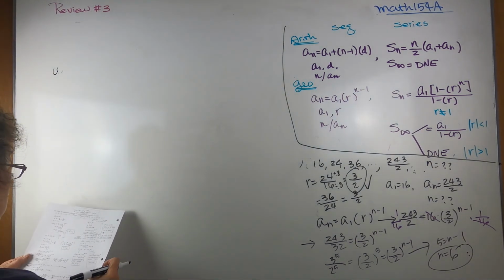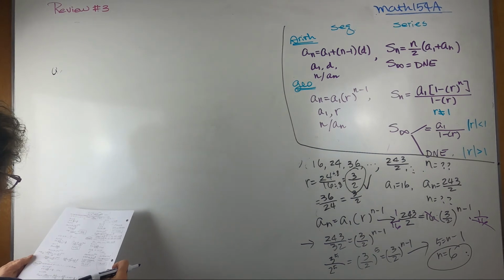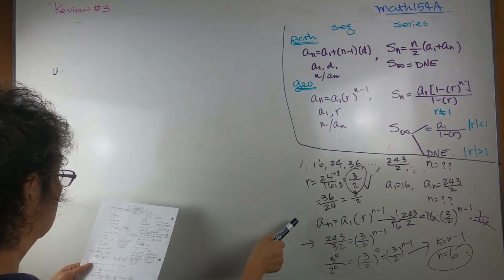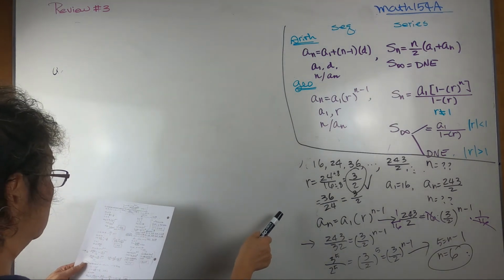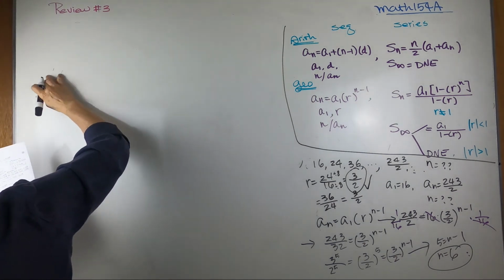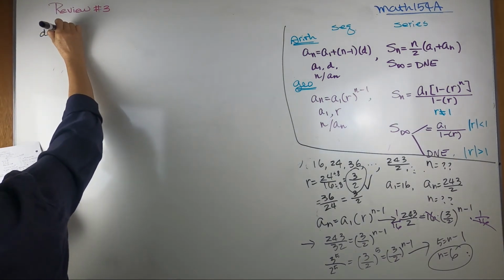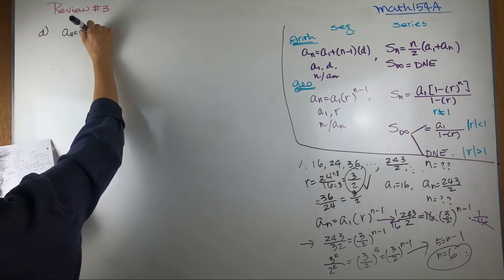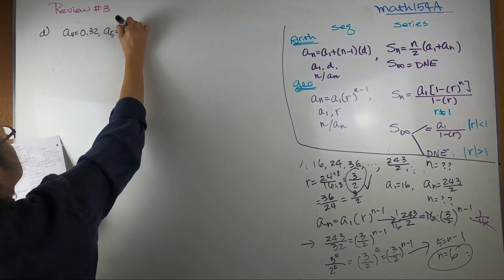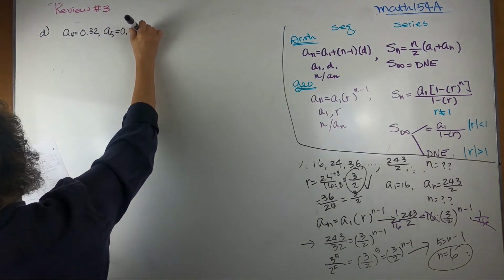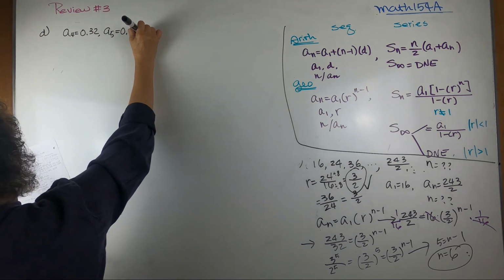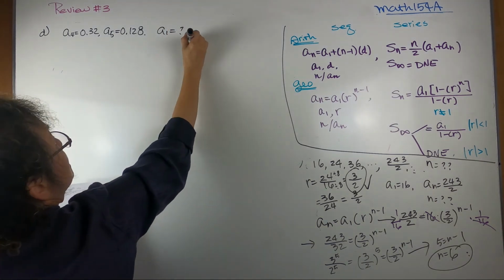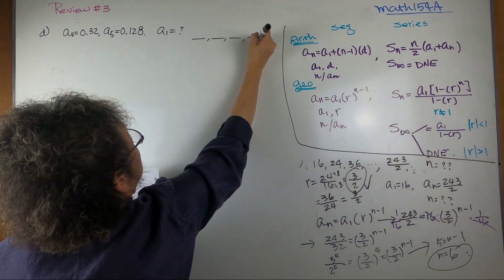Okay, let's see. A, B, C, D. Okay, A, B, C. And we are here, D. So we say A4 is 0.32 and A5 is 0.128. We ask you, what is your A1? So A1, 2, 3, 4, 5.